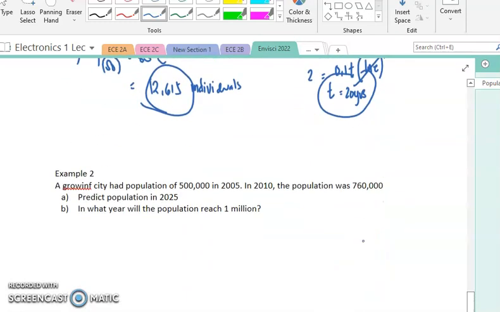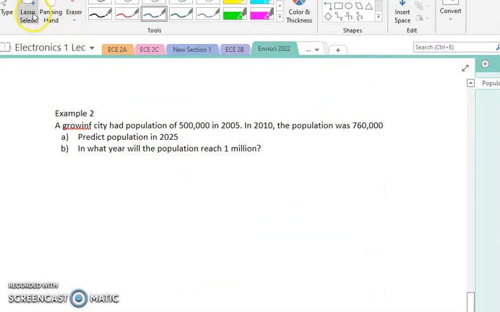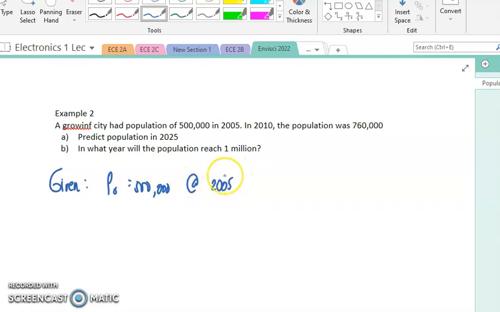Let's proceed with example number 2. There is a growing city that had a population of 500,000 in 2005. So let's just give note on that. The initial population is 500,000 in 2005. In 2010, so after 5 years, the population was 760,000.